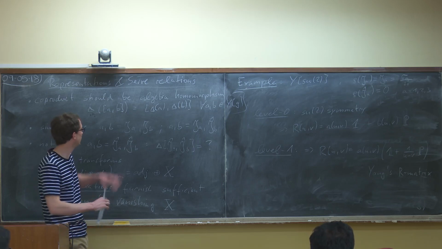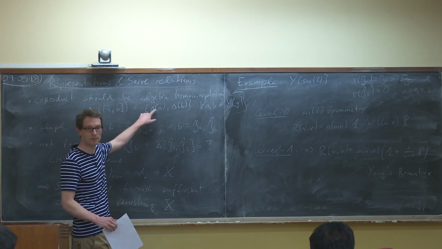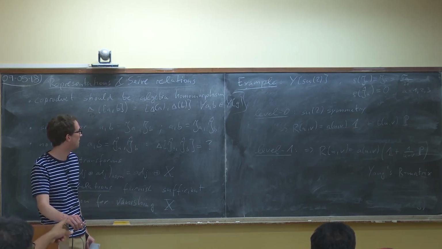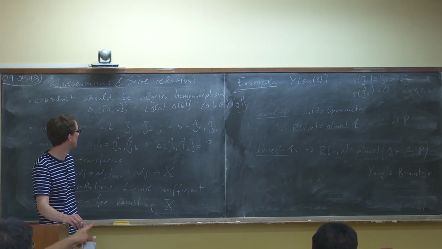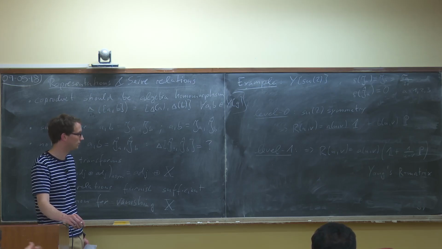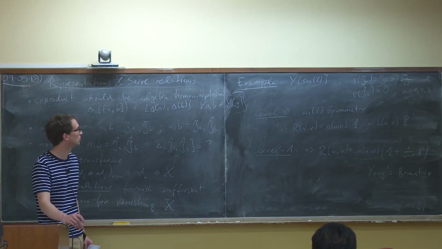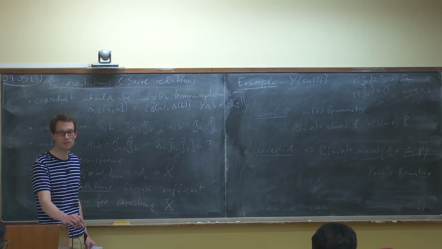Why would I think this, for example, that you want something like this? No, it could still work. I mean, you can just write delta of J hat A, J hat B equal to delta J hat A, delta J hat B. The right-hand side will also belong to adjoint plus X. Is it clear that one can construct such an example? I don't know, but why not allow for that?